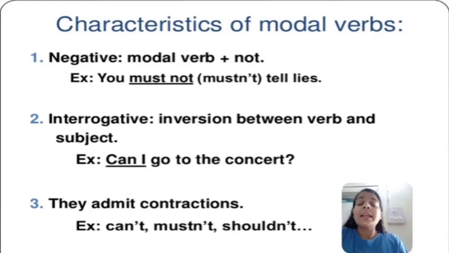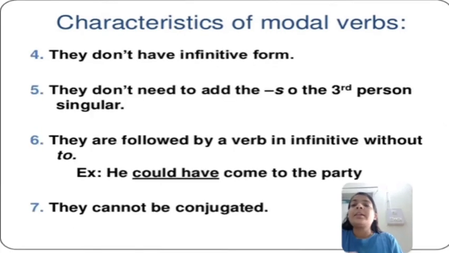Then they can invert with the subject to create interrogative sentences: Can I go to the concert? May I come inside? They admit contraction. Instead of writing cannot, you can write can't, shouldn't.